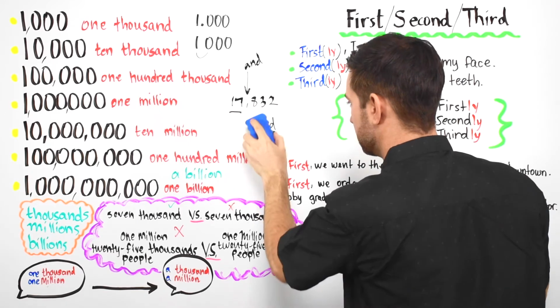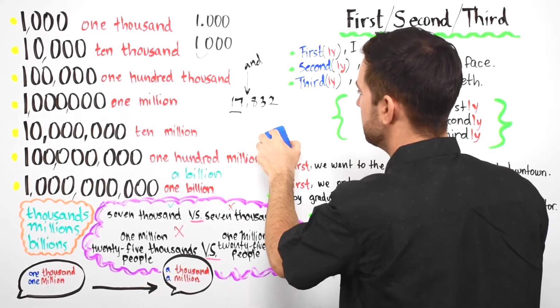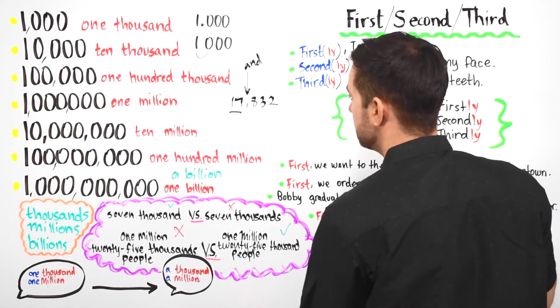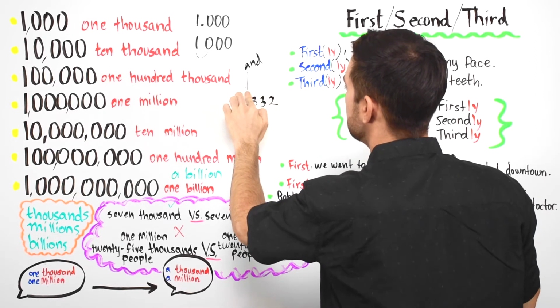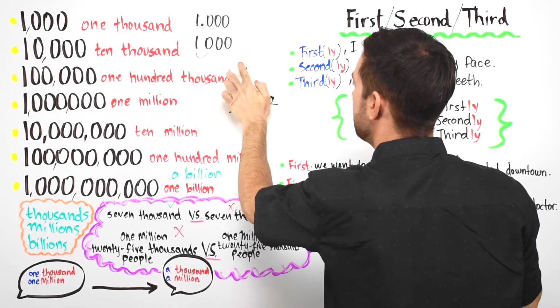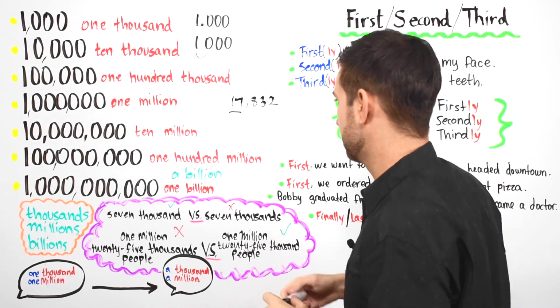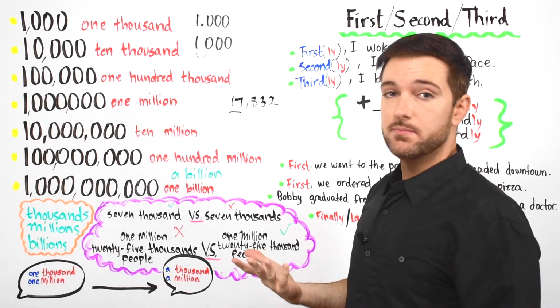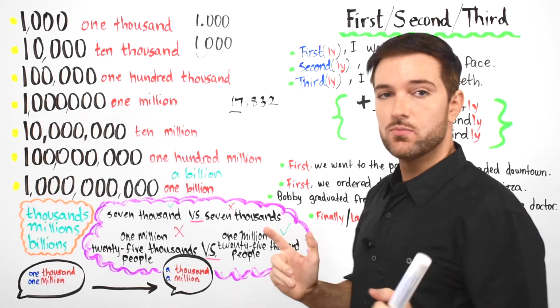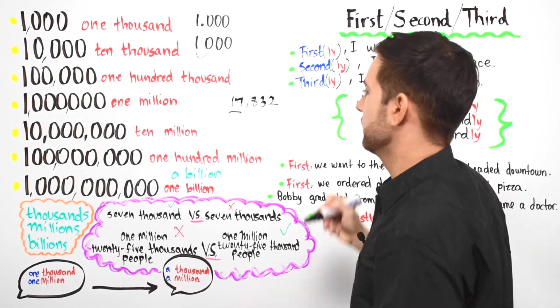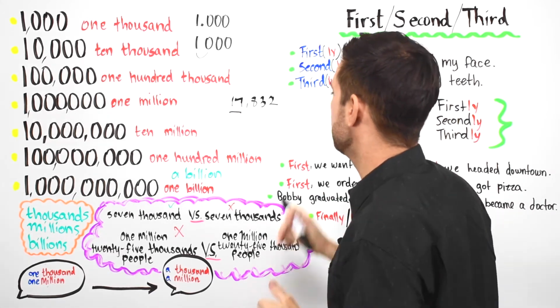Just use it once. 17,832 or 17,832. Okay? So there's many different ways you could say it. Let's do one more, okay? Or maybe we'll do another one. Or another 2. Who knows?